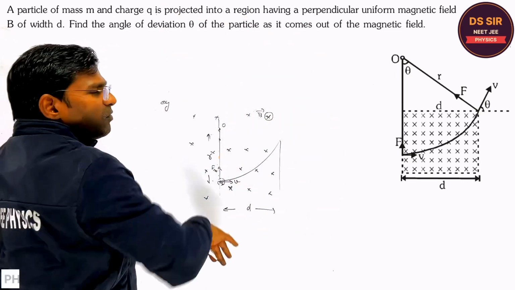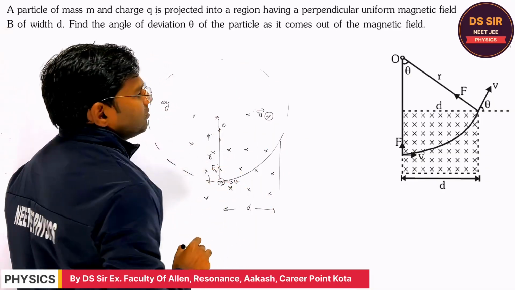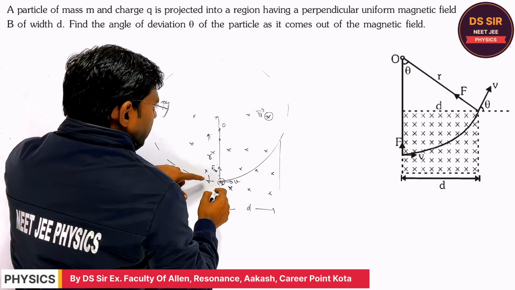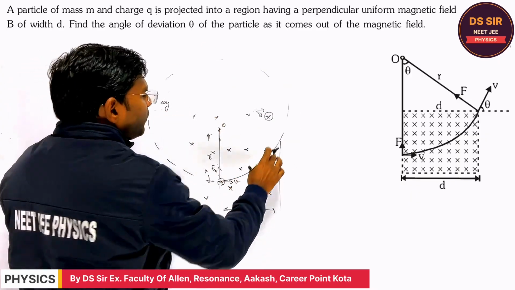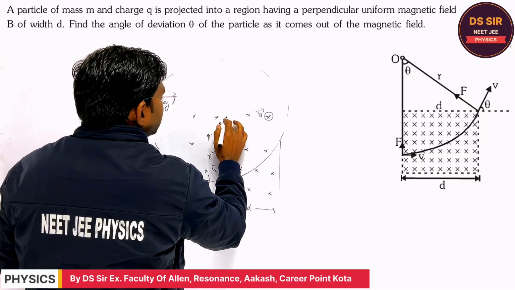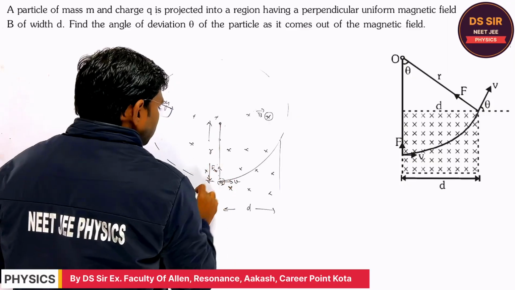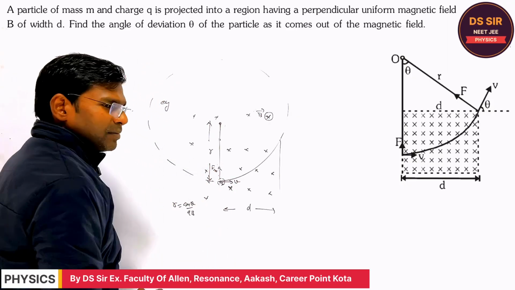If the magnetic field was present everywhere, it would complete the circle. Is it clear or not? And the radius must be equal to mv upon qb.